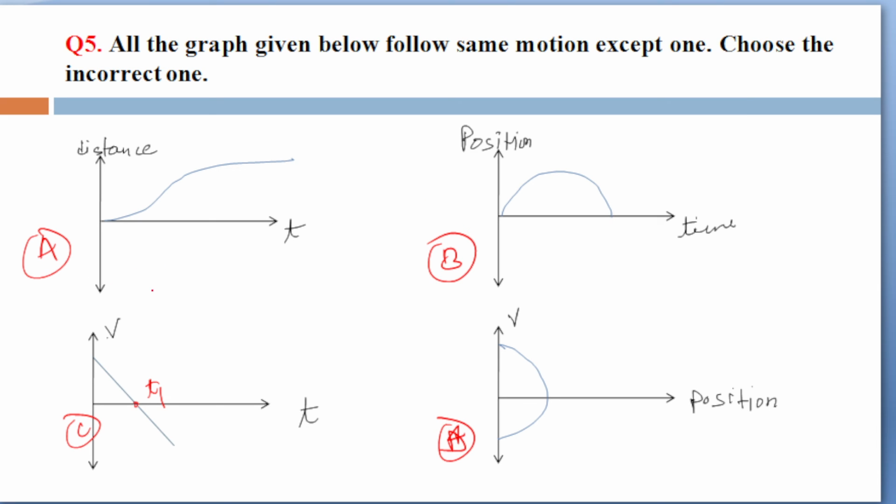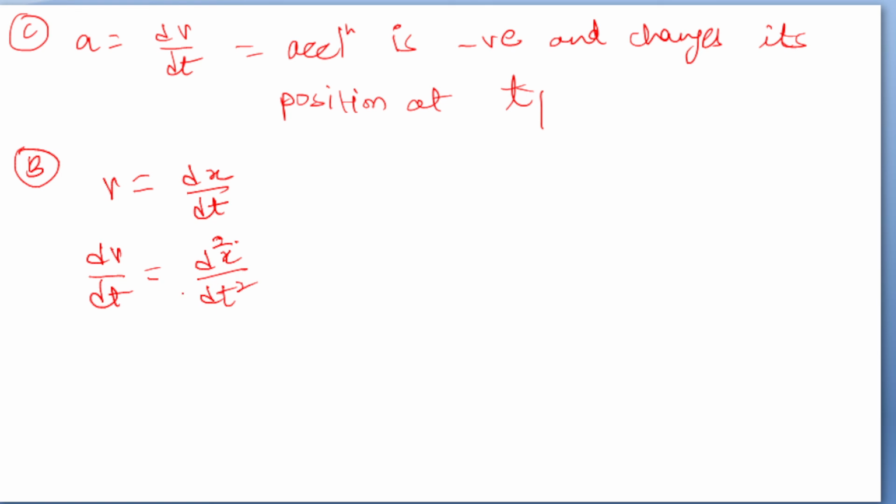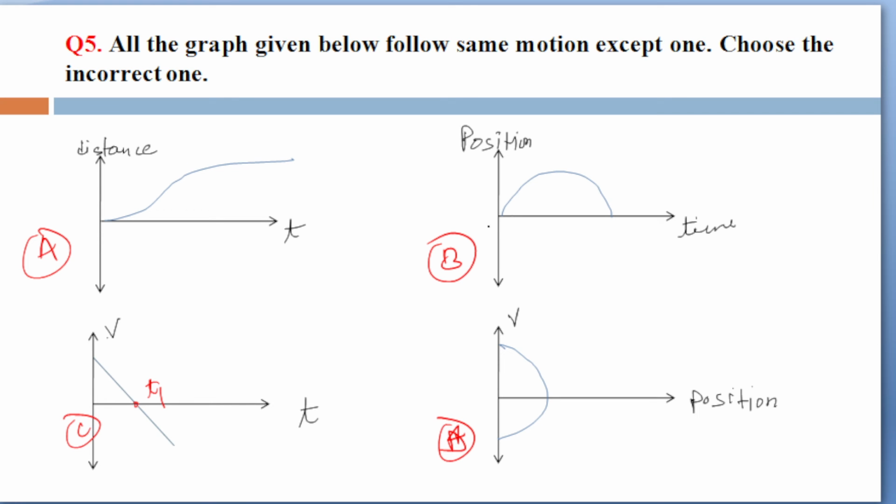Now if we see the second option, that is B. The velocity is dx by dt, and if we differentiate again, dv by dt is equal to d2x by dt2, and this shows the acceleration. So on position versus time, this is x.